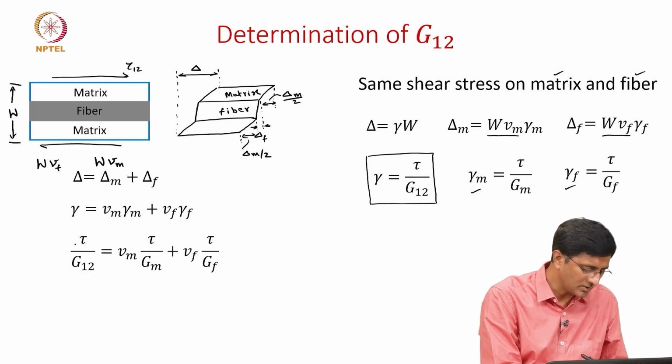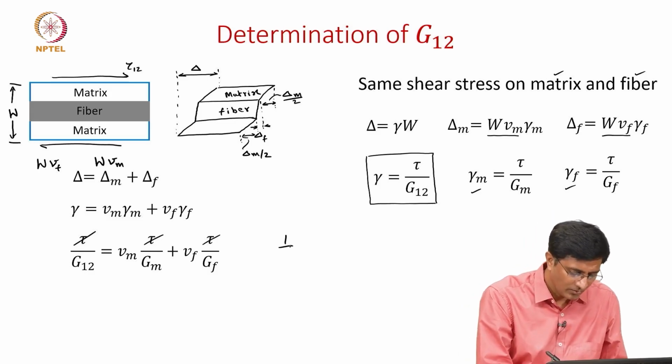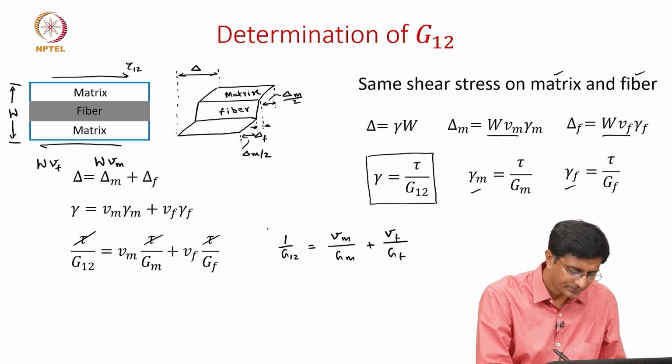Since we have the same shear stress applied on the composite and the constituents, we can now write 1 by G12 equals the volume fraction of the matrix divided by the shear modulus of the matrix, plus the volume fraction of the fiber divided by the shear modulus of the fiber.